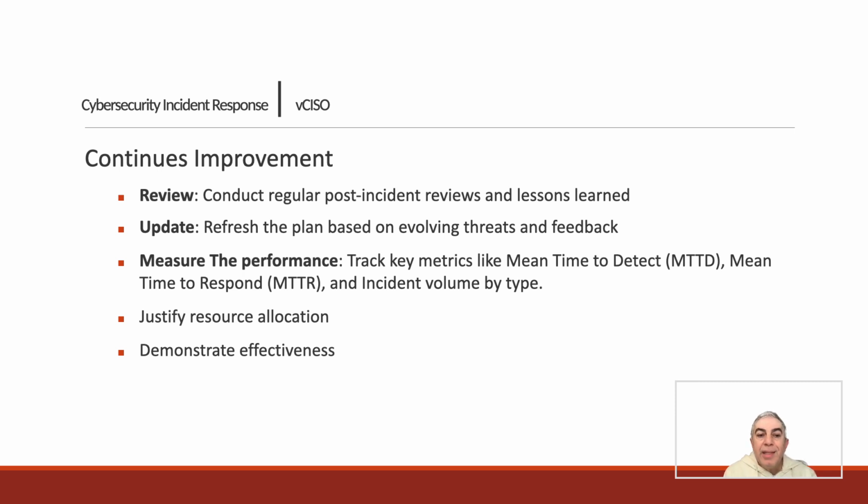We have to do continuous improvement. That means you've got to review the incident response plan with this team. You've got to update it. You have to take the feedback. You have to measure the performance with indexes like MTTD or MTTR to make sure we're getting better over time, because the purpose behind incident response and CSIRT, the team, and whoever is involved, is to get better on a daily basis and demonstrate effectiveness.